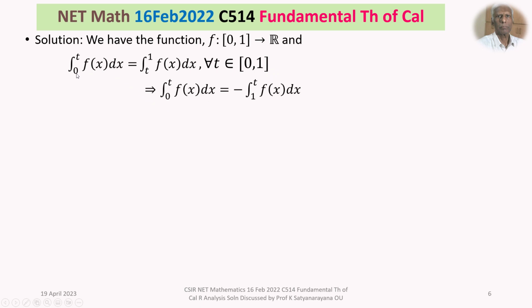This implies the first one, integral 0 to t f of x dx, as it is, is equal to, and instead of t to 1 we have written 1 to t, integral 1 to t f of x dx, and to compensate that we have a minus sign here.